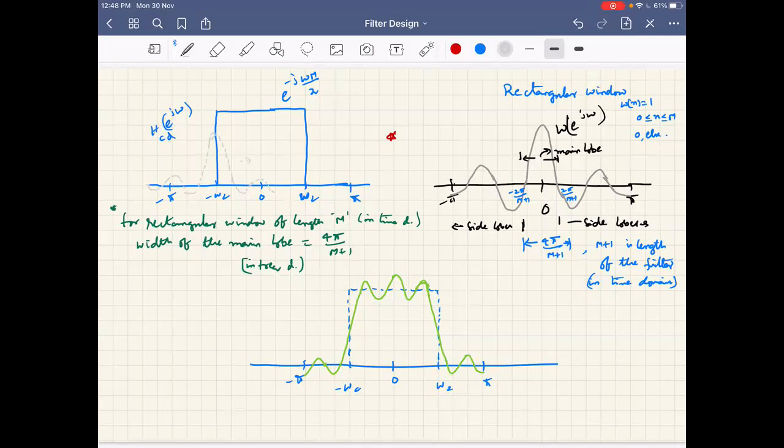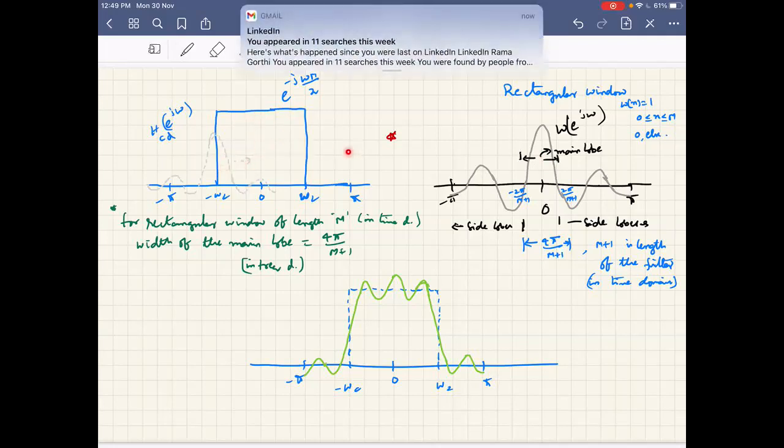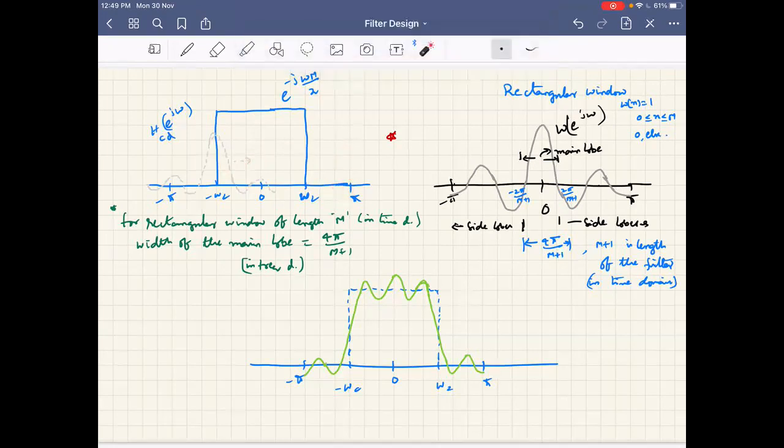When it touches the main lobe at this location, in the practical filter H of e power j omega, you will reach from 0 to 1. When there is complete overlap between this main lobe and this, it will be close to 1. When the overlap with the main lobe starts decreasing, it again goes to 0. That's how you can understand it, right?